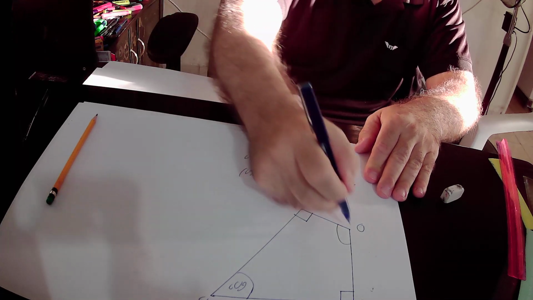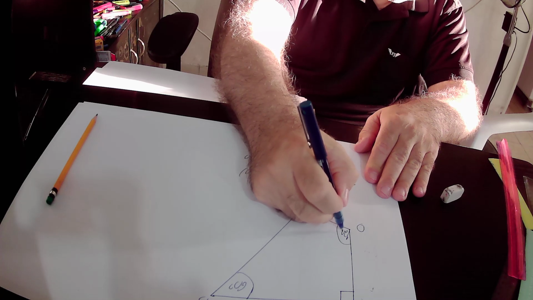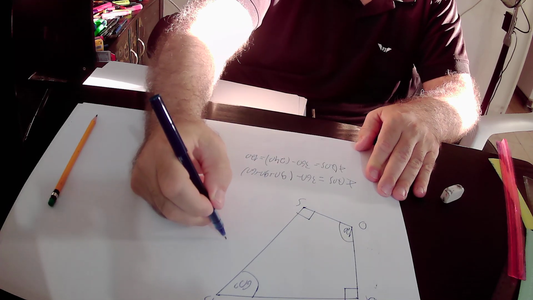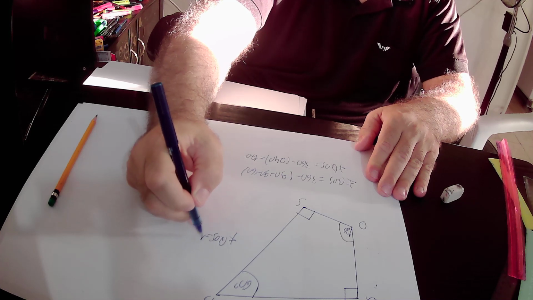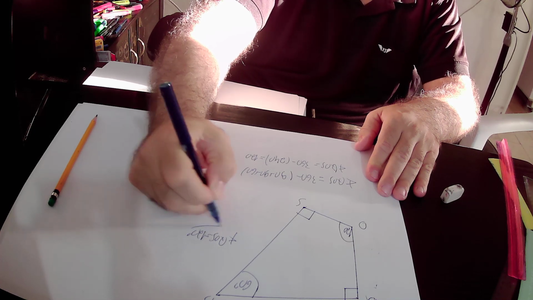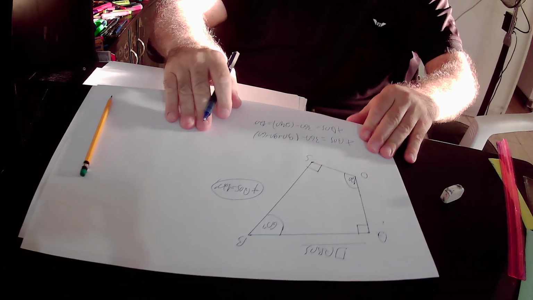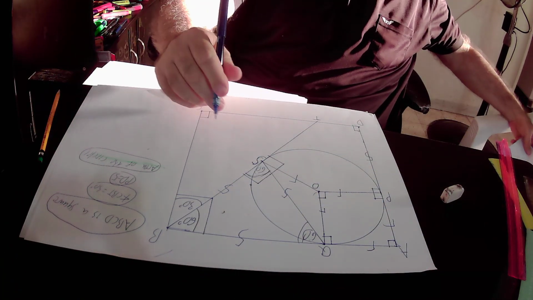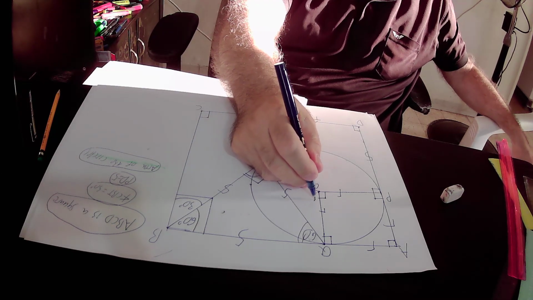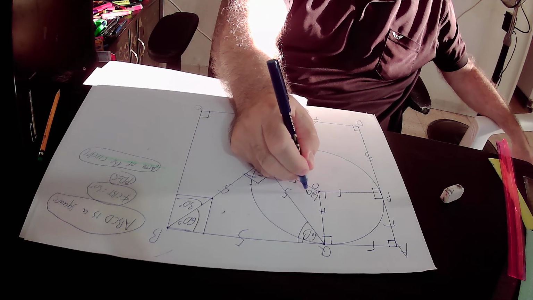So this angle equals 120 degrees. The missing angle QOS equals 120 degrees.